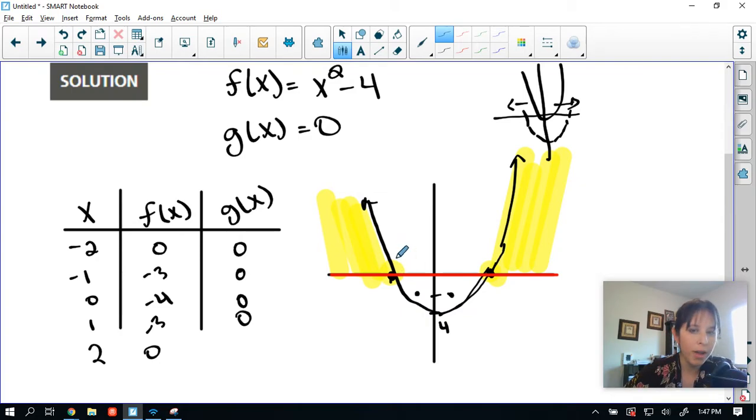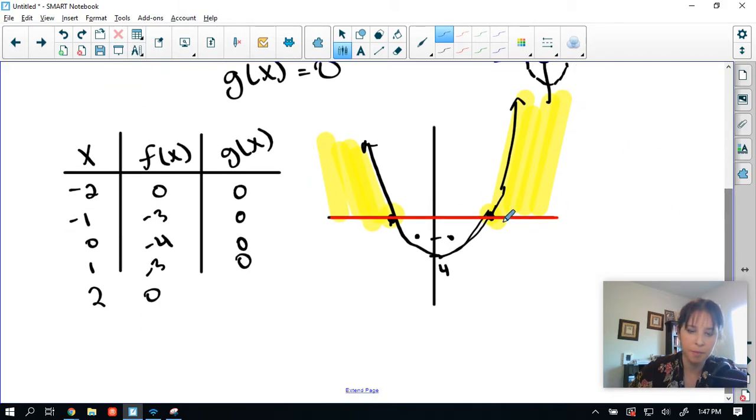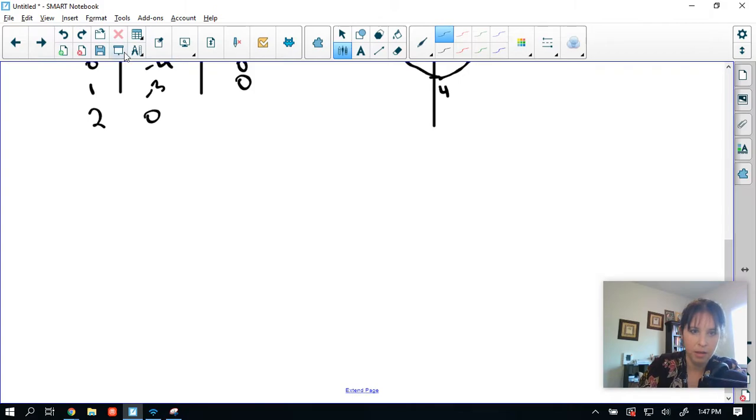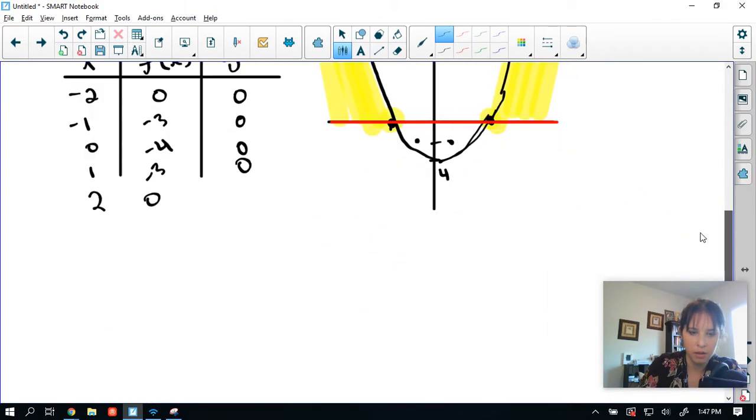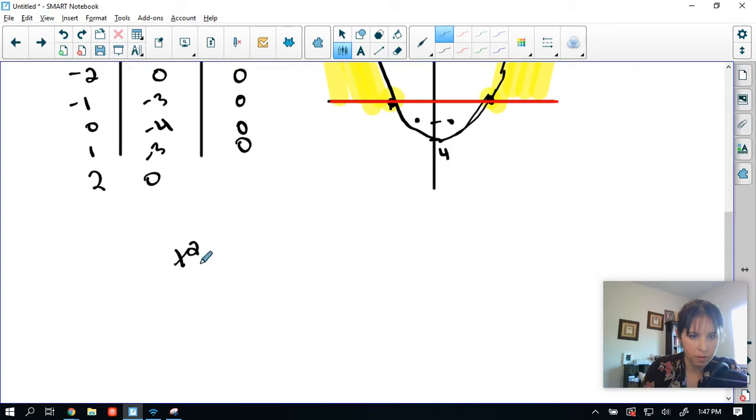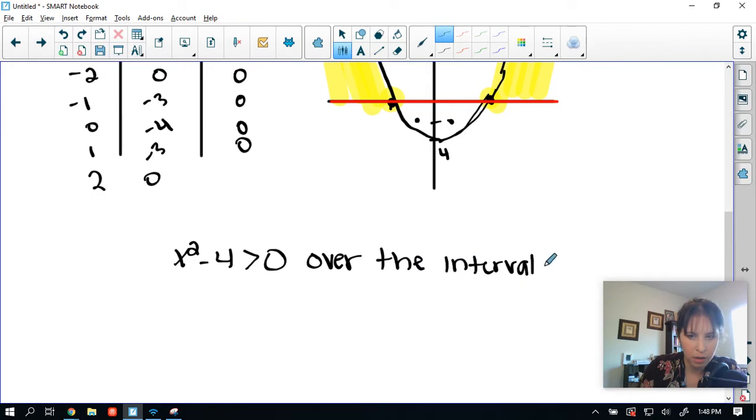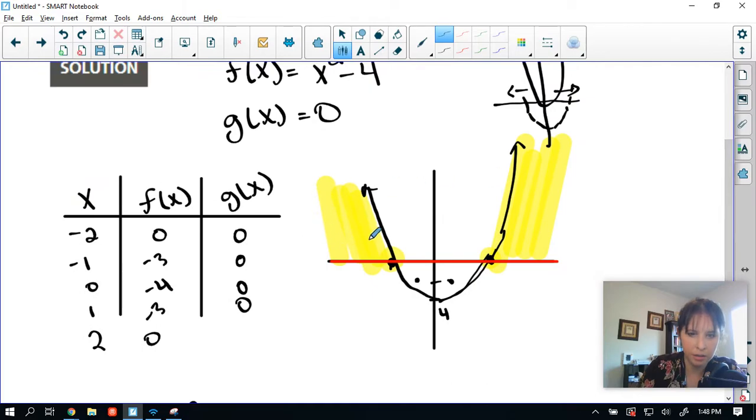So the way that we would state this is I would say x squared minus 4 is greater than 0 over the intervals. And again, it's the intervals because we're looking at over here from negative infinity to this value.